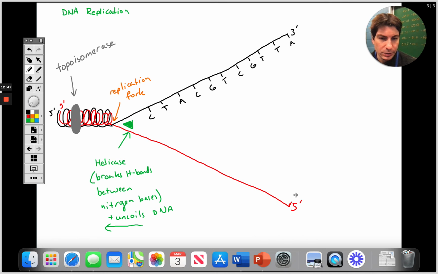So A would bond to T. T would bond to A. T would bond to A. G to C. C to G. T to A. G to C, C to G, A to T, T to A, and C to G.